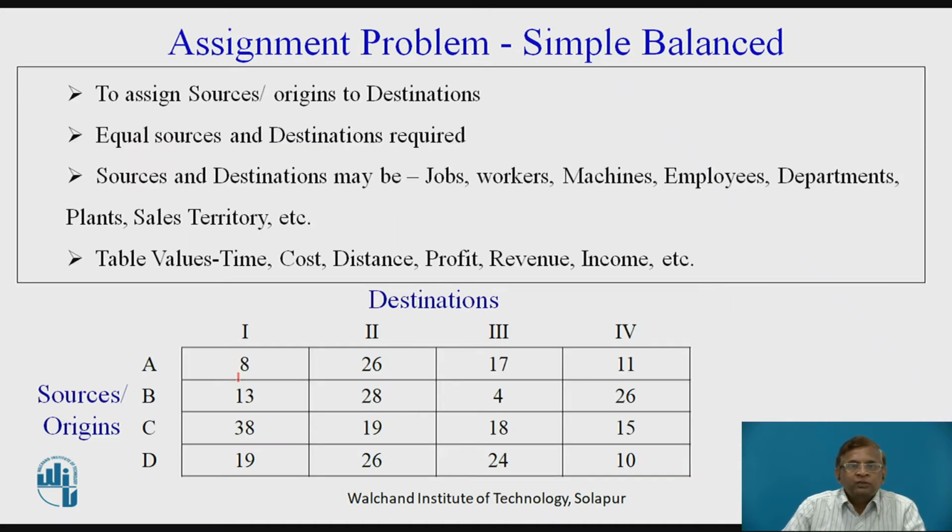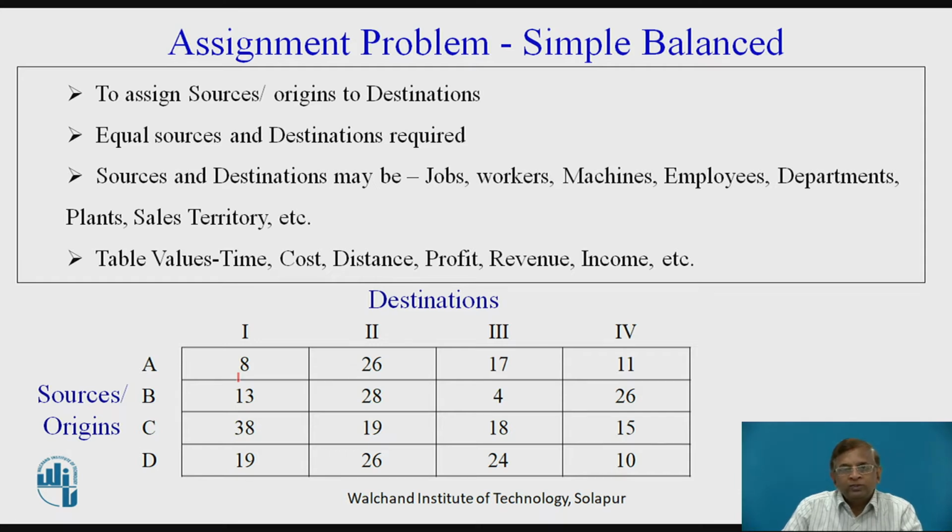Now, if you see here, we have certain sources or origins and destinations, and we have to pair these sources and destinations, and they must be equal in number. And these sources and destinations may be something like jobs or workers or machines or employees, departments or plants or sales territories.